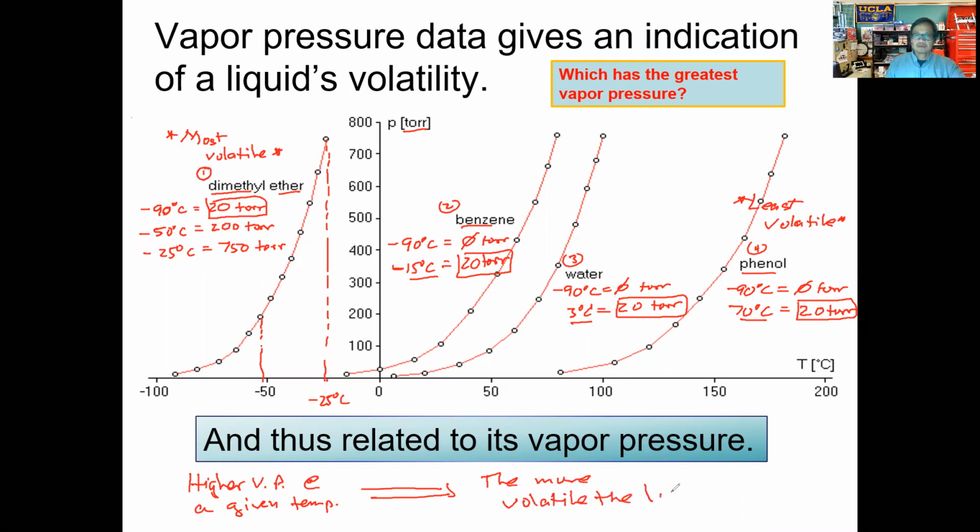Okay, so that's what we need to be able to do. We need to be able to make that link between volatility and vapor pressure. Keep that in mind, and I think that'll help us as we move forward. Okay, very good. Let's continue on then.